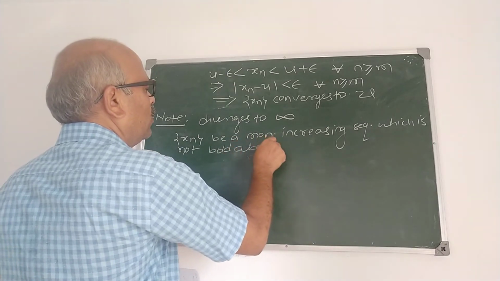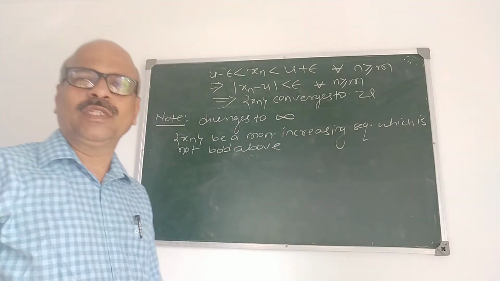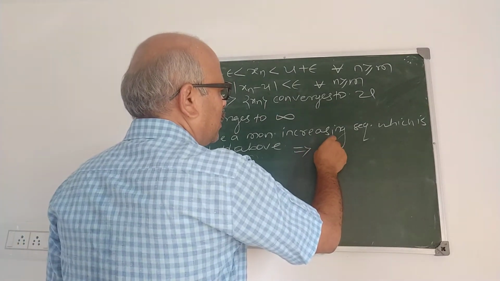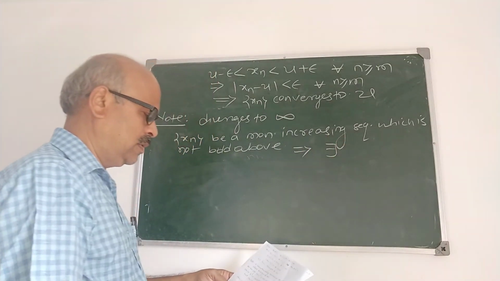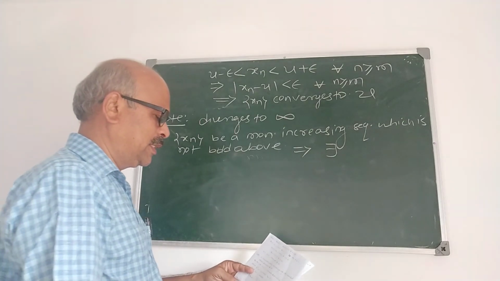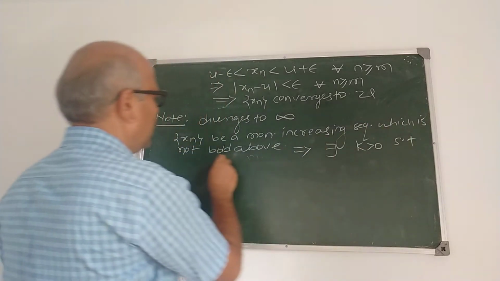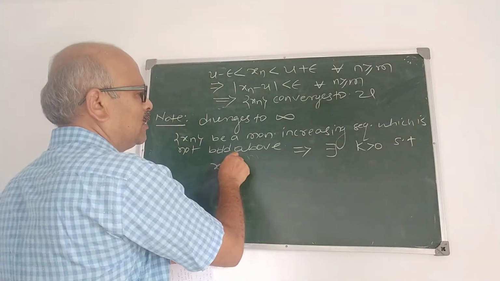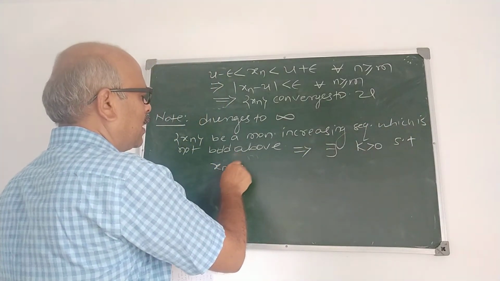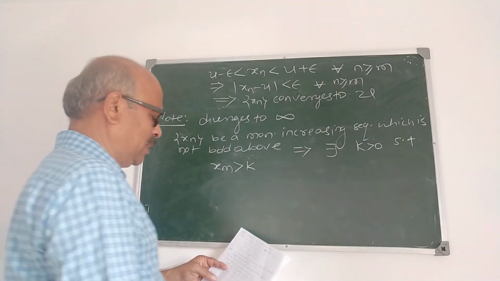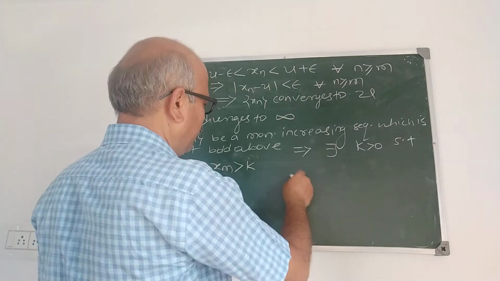When do you say that a sequence is not bounded above? This implies that for any k greater than 0 there exists m such that xm is greater than k. That is the definition of an unbounded sequence.